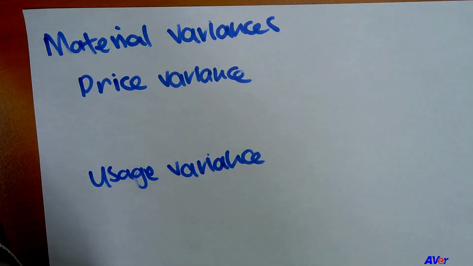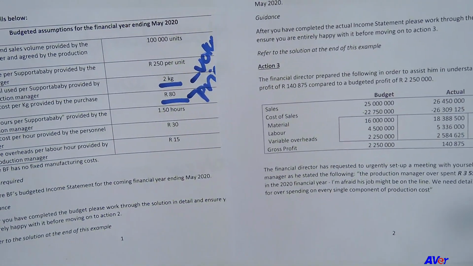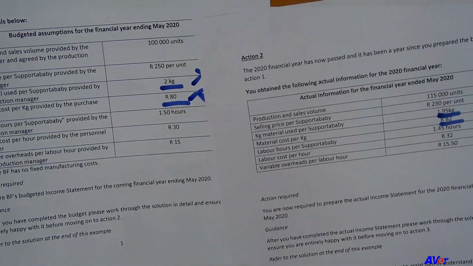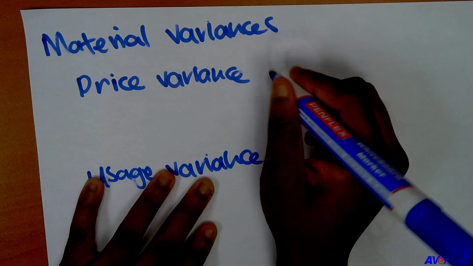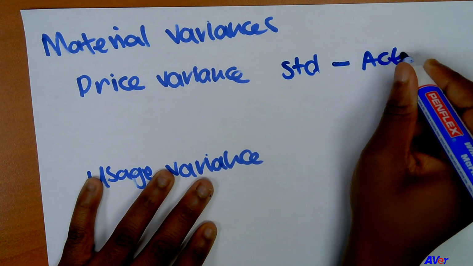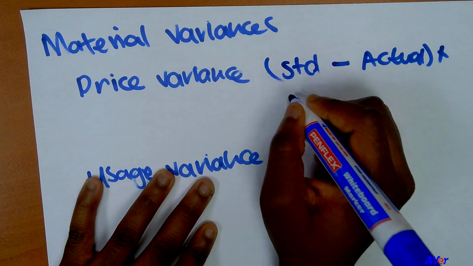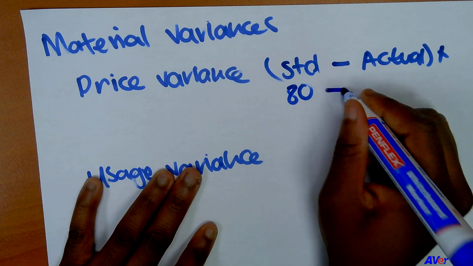If I look back, I will say to you, okay, remember we had the price was 80 and then the actual was 82. So already it's the difference between your standard and your actual. So your standard price was 80 rands and the actual was 82.